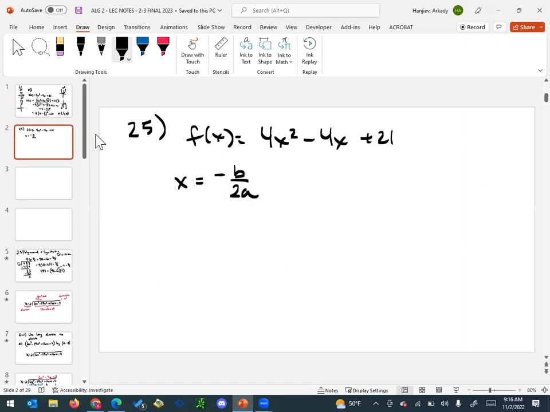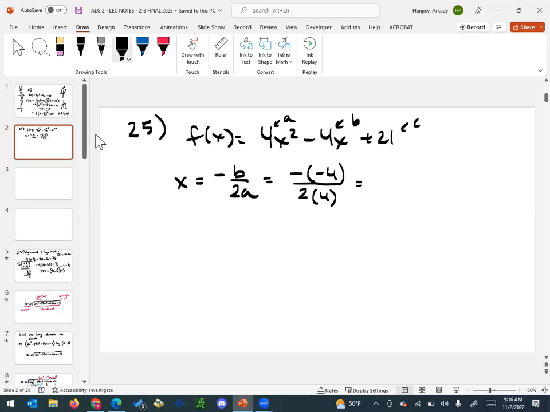That little guy is going to give us the exact same x value that we just found earlier. So let's plug it in. This is the a value, that's the b value, and that's the c value. So we put negative of a -4 over 2 times, did I do it right?